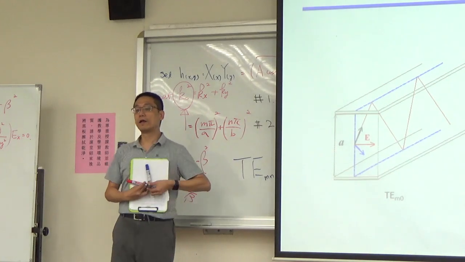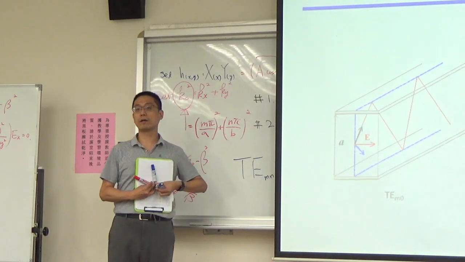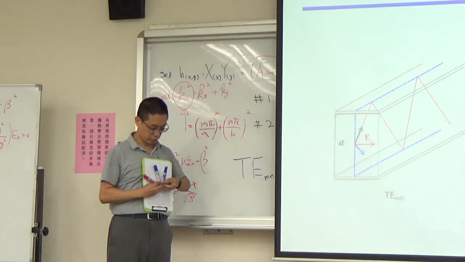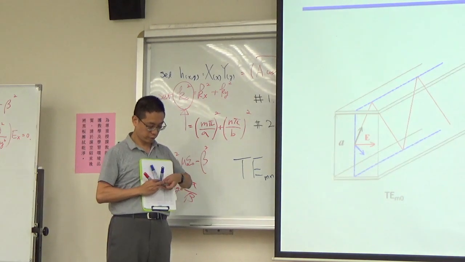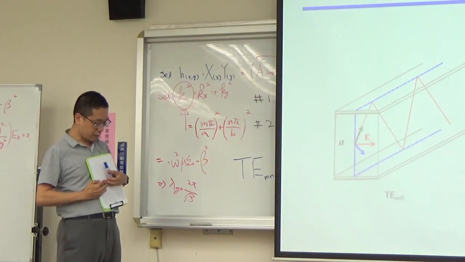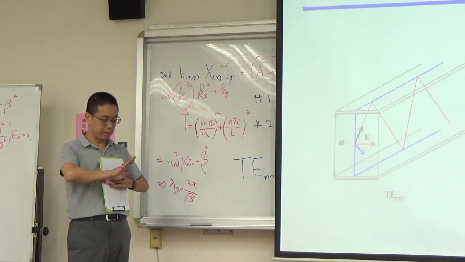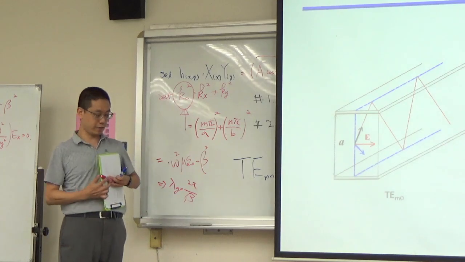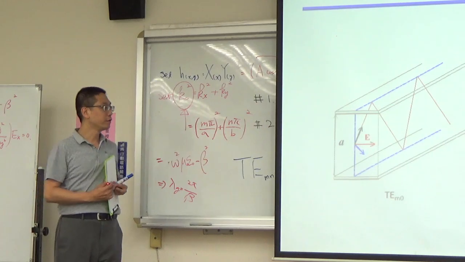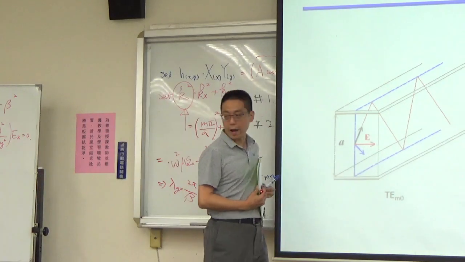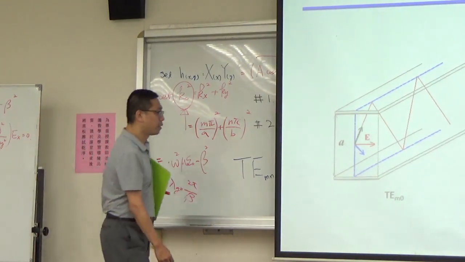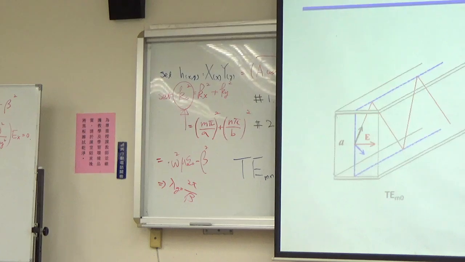So, what is the total H field? The total H field is in this direction. It's not just on the plane, and not only in the Z direction. It's like in the middle. The black one is the propagating direction, the direction of the Poynting vector.